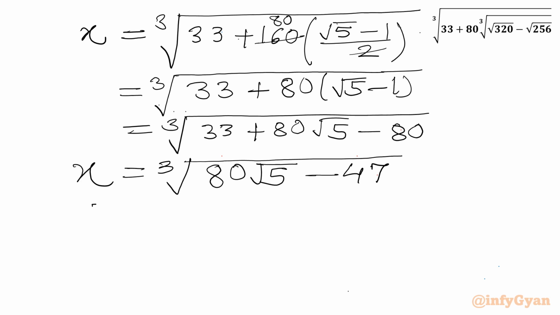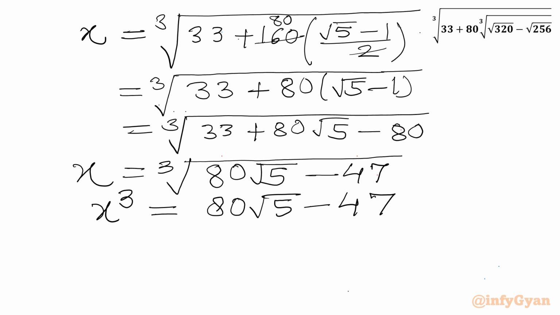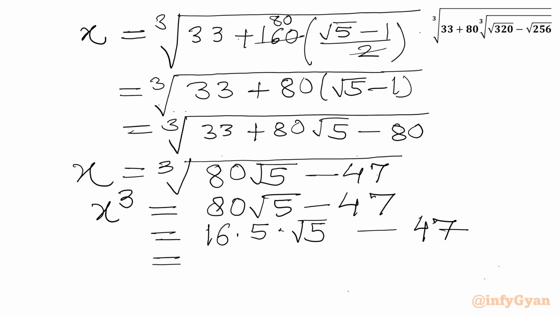Let's consider cubing both sides once again. So 80 root 5 minus 47. So 80 we can split as 16 times 5. Root 5 minus 47. Now 5 I can write root 25. This is square root 25 times root 5 minus 47.